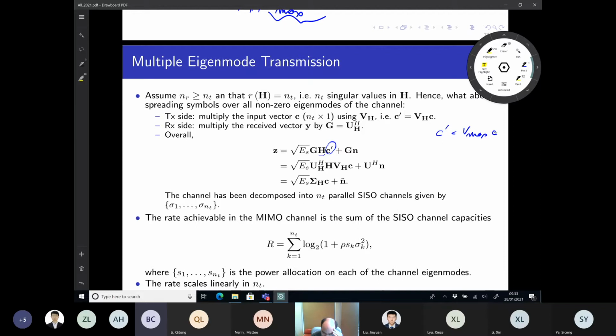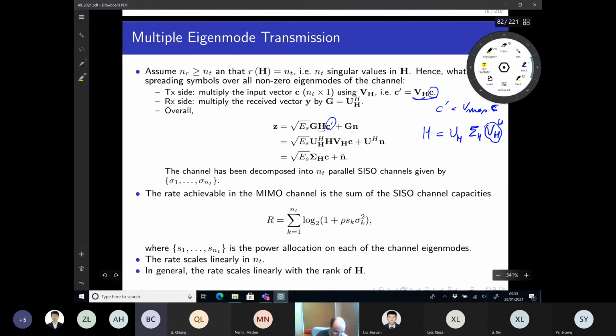Instead of having just V max multiplied by a scalar, now I will have the right singular matrix, so I have U, sigma, V Hermitian, right? Now I will precode along V, the entire matrix, and I will use now a vector of streams. Instead of having a scalar like what we had just before, the dominant eigenmode transmission, now I have a vector. So imagine you have a 2 by 2 scenario.